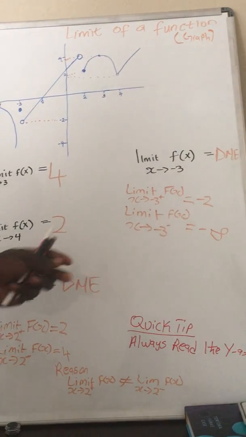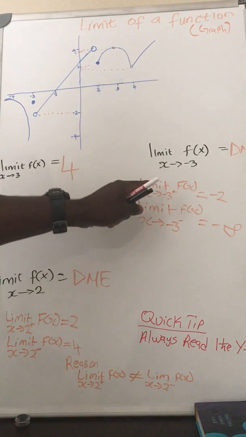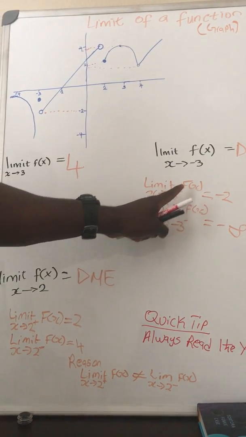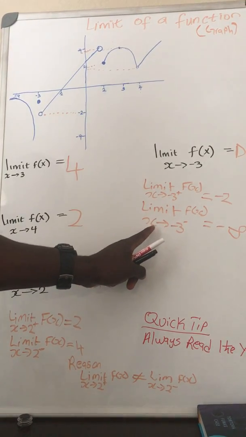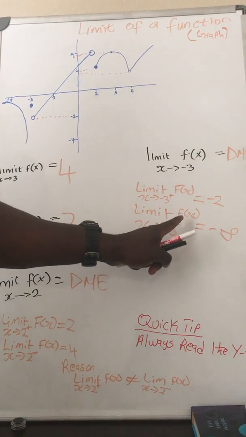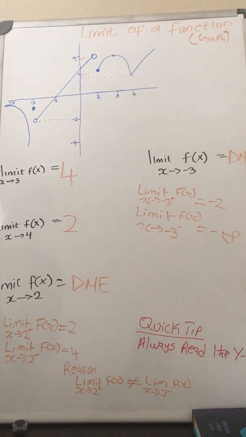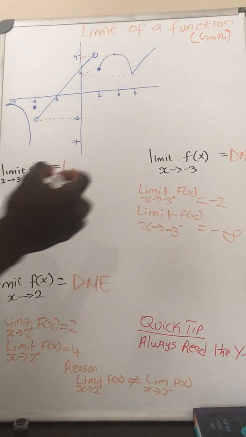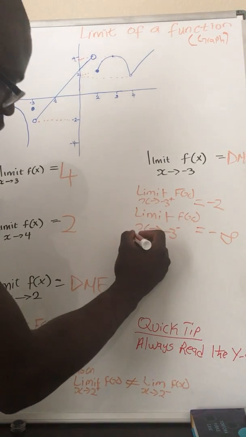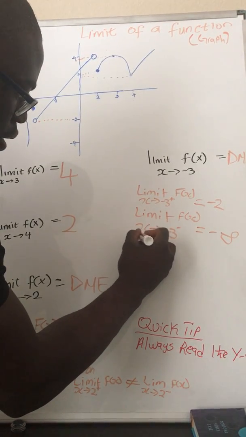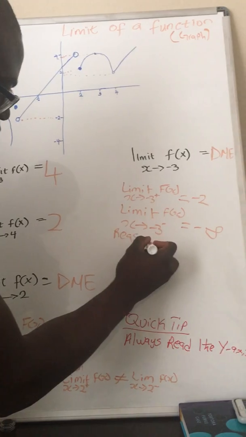And the reason is the same: the limit as x approaches -3 from the right is not equal to the limit as x approaches -3 from the left. Let me put the first reason right here.